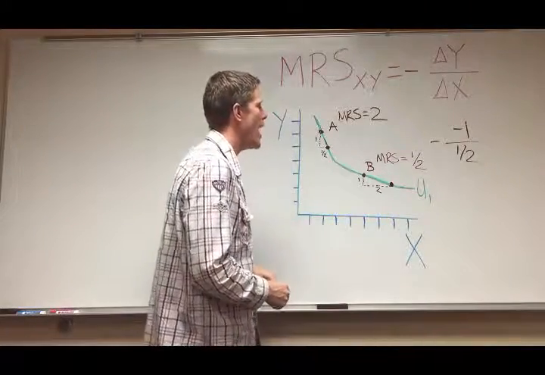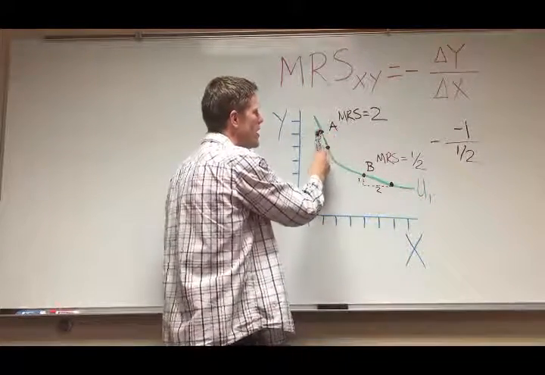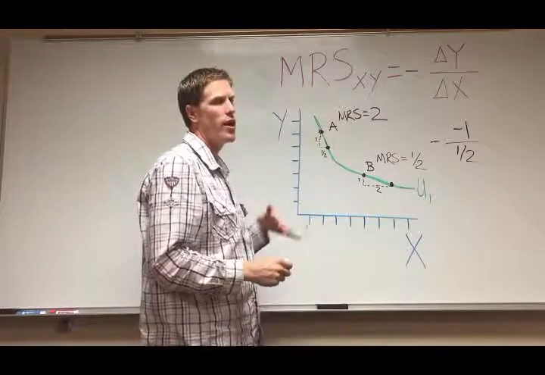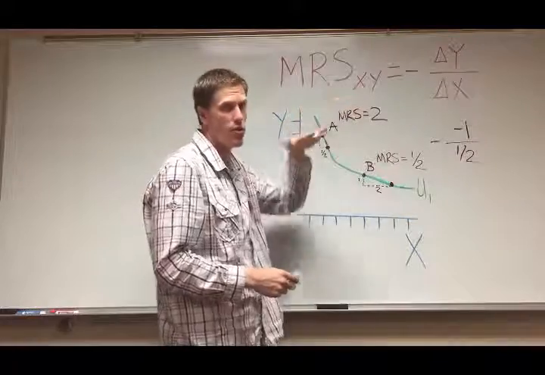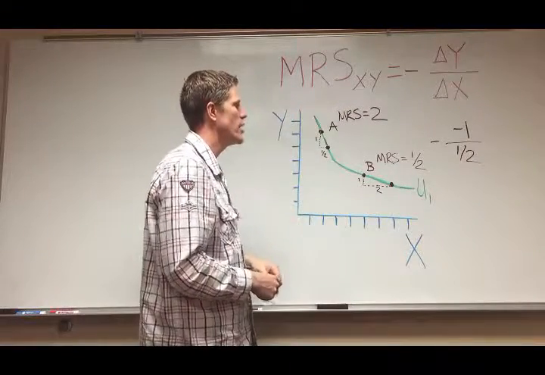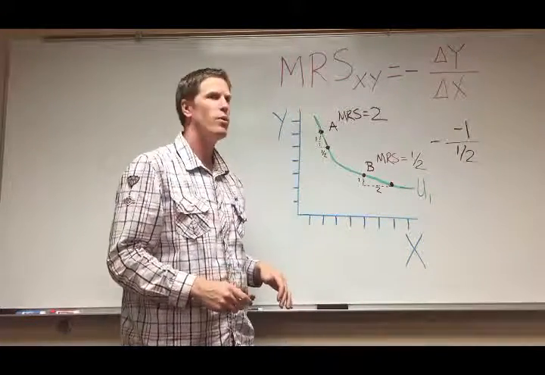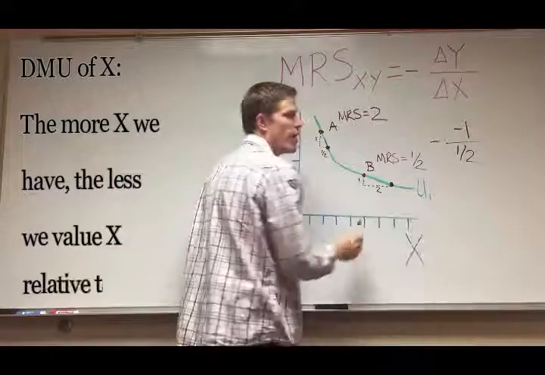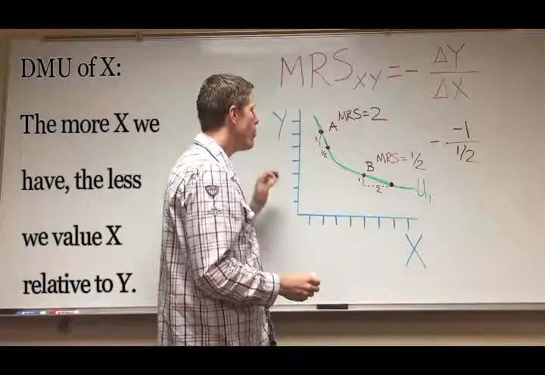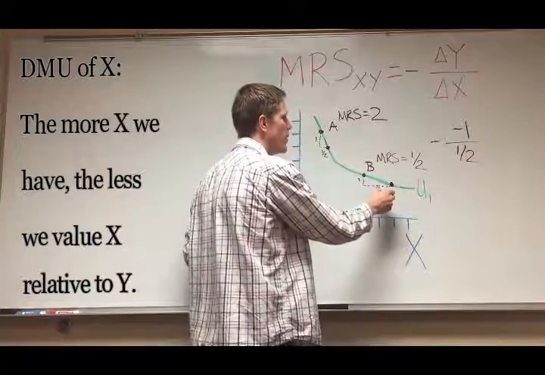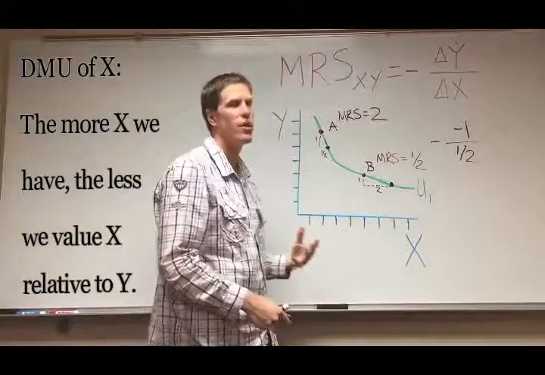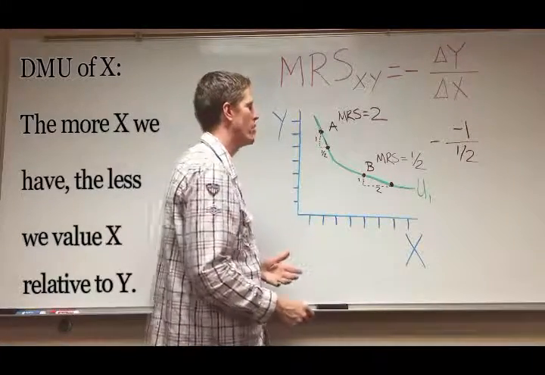In fact, as we get more x, the marginal rate of substitution of x, y is diminishing. The further to the right we go, the more x we are willing to give up to get just one y, or the less we value x relative to y.